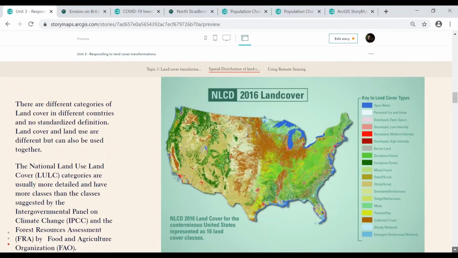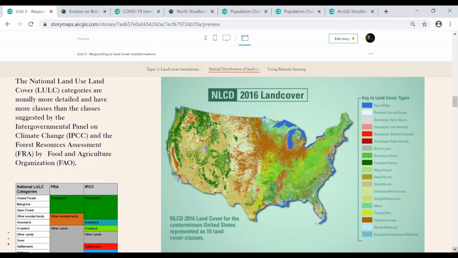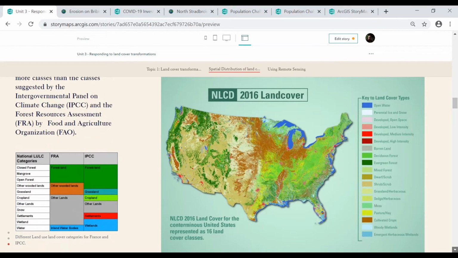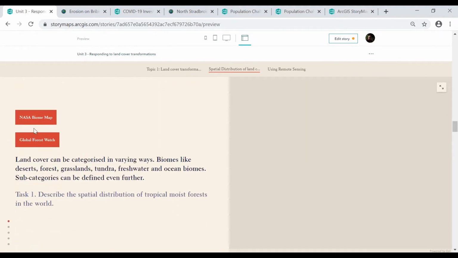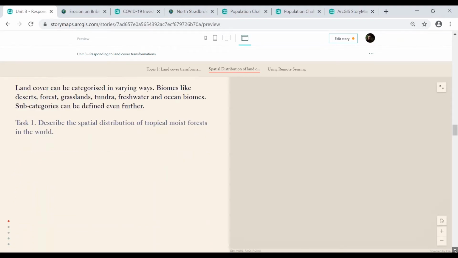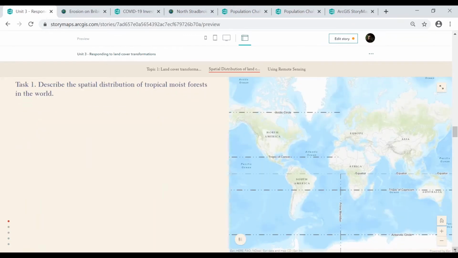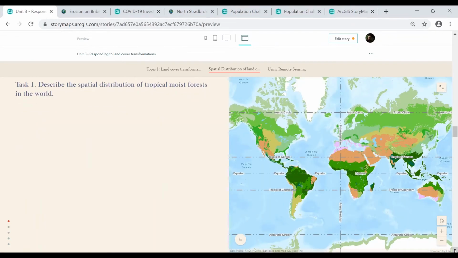So these are all from NOAA or IPCC or images that are easily accessible. The beautiful thing about StoryMaps is you can also include links. So these dots here are links to web pages, which allows you to give the students an opportunity to have a look at web pages as well.